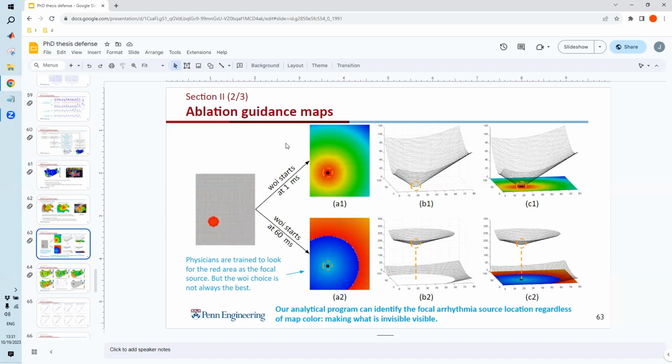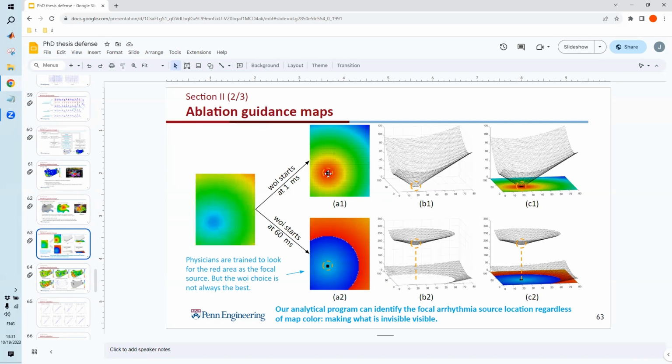There is a type of arrhythmia called focal arrhythmia, and to find that location is to find the earliest activation location. So that's why we are going to try to find a spot of red. But in clinical practice, the technician can restrict their time window of interest on the screen. It's adjustable, but there are about 2,000 electrogram recordings.